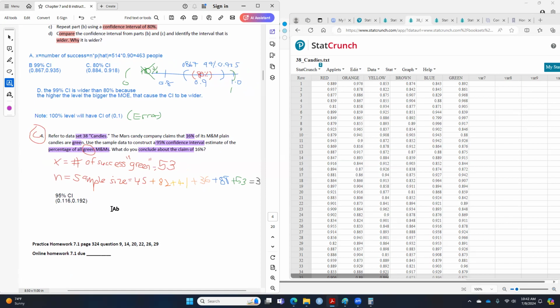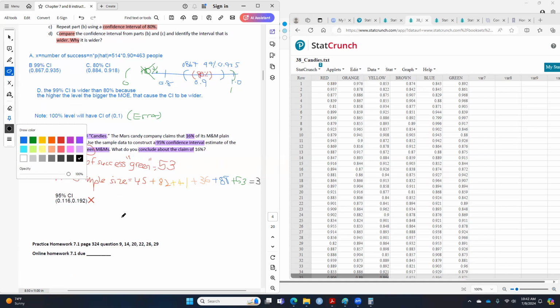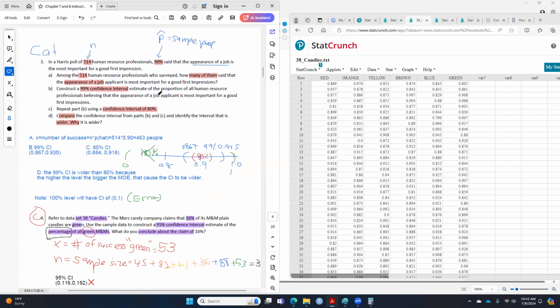Okay. Oh, by the way, I forgot to mention that if you give me this answer in your homework, they will mark you wrong. This is wrong. And I think some of you know why this is wrong. The question is asking for percentage instead of proportion. Okay. So again, proportion is decimals.